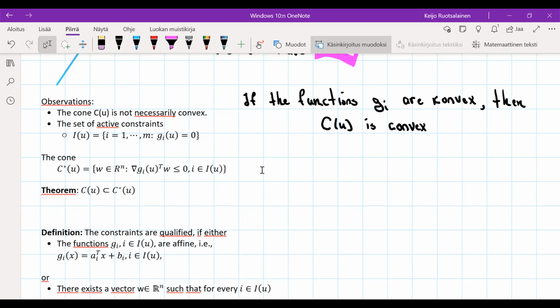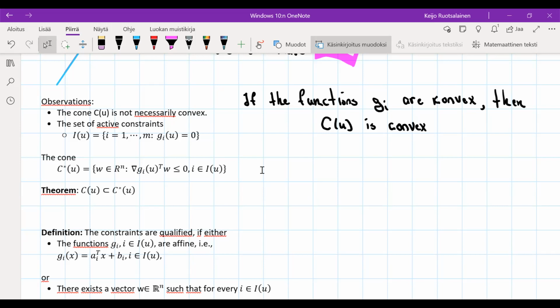Okay, let's turn back. I defined the second cone, C star. I define it by the condition that the scalar product of the gradient of the constraint function with the vector w is less than or equal to 0 for every active constraint.